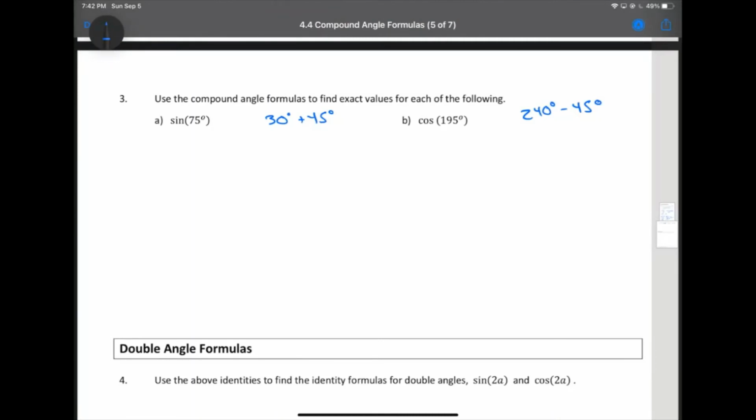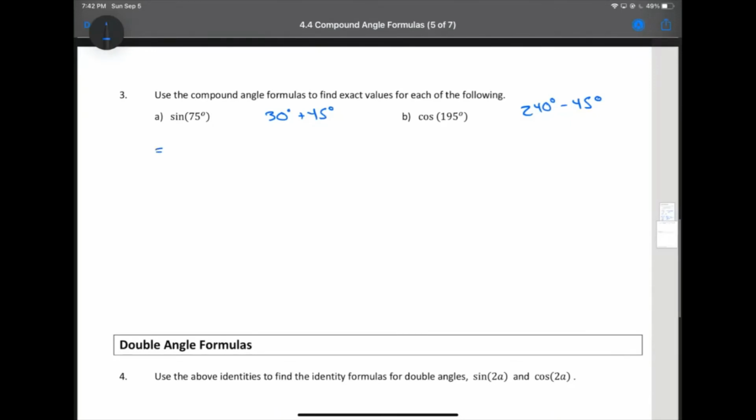All right. So now to do the compound angle formula, I can say that sine 75 is the same thing as sine of 30 plus 45.